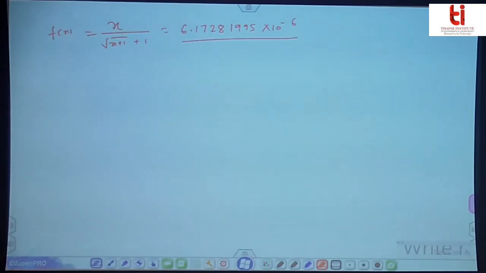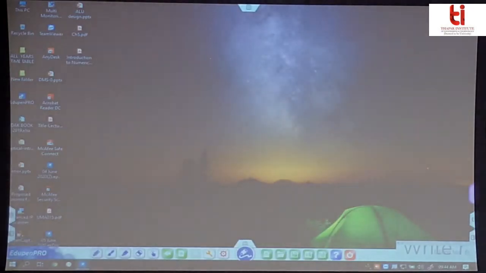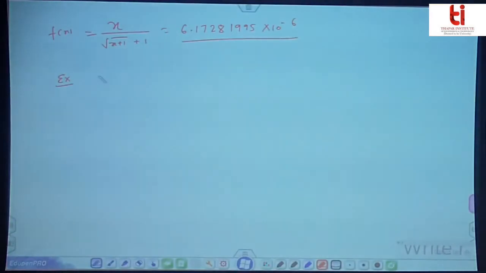Okay, one more example we are taking here, the quadratic formula. Before that, I should write the example on the next page.